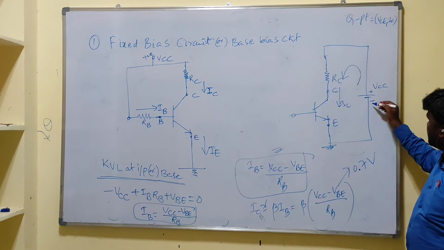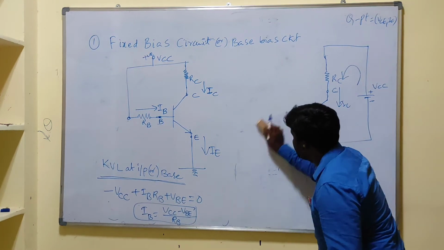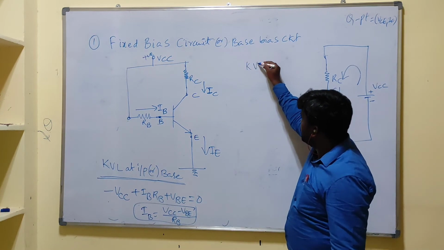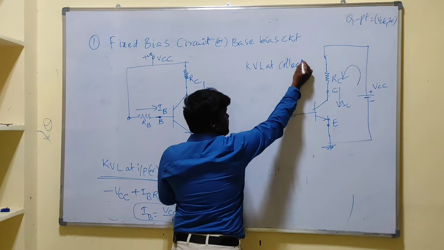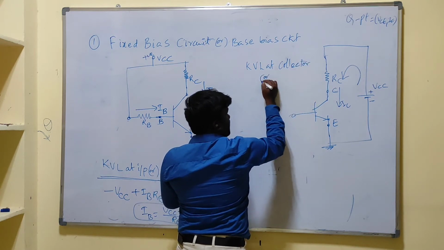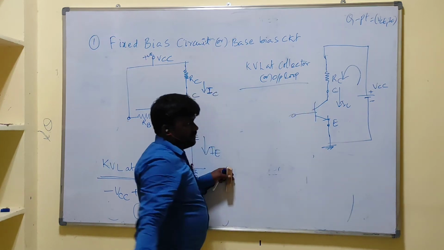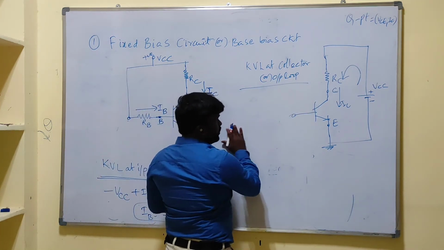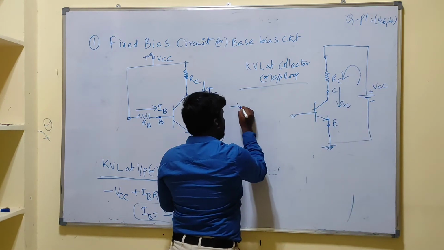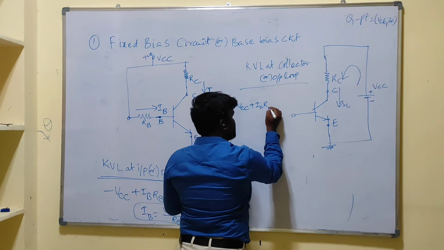So then we have KVL at the collector, or at the output loop. We have minus VCC plus IC into RC.